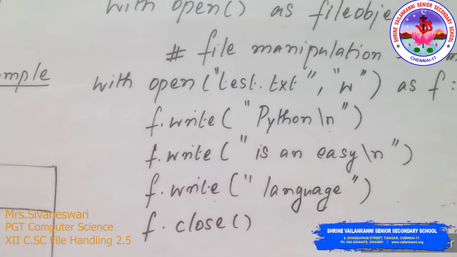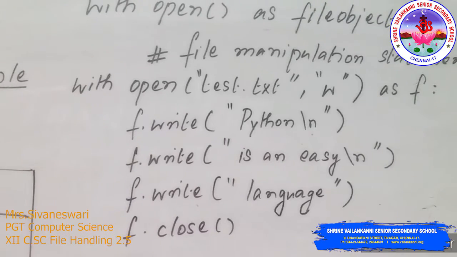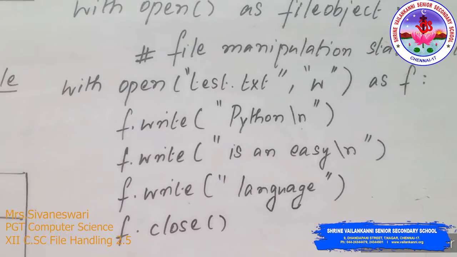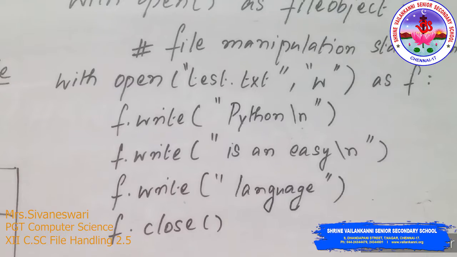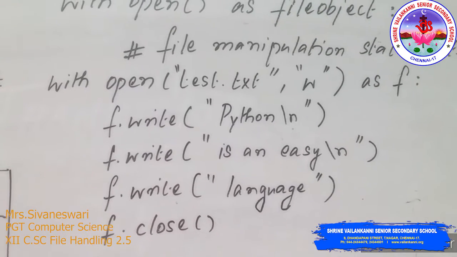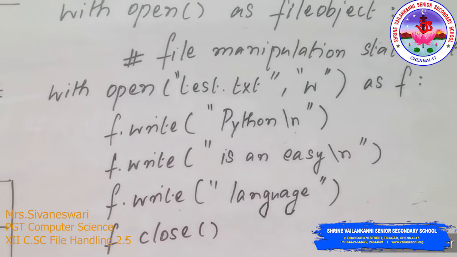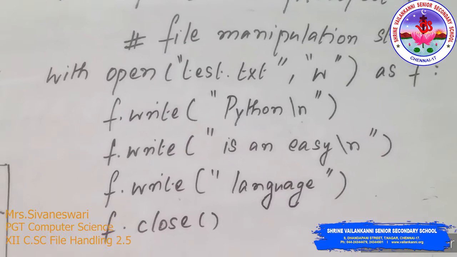In the example, with open of test.txt, the text file we are opening in write mode 'w', as f, where f is the file object or file handle, colon.